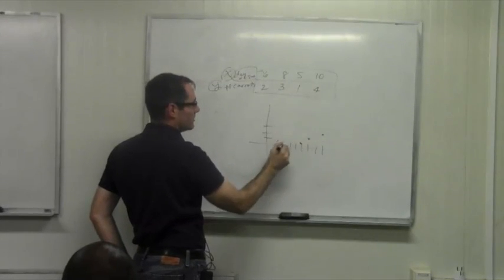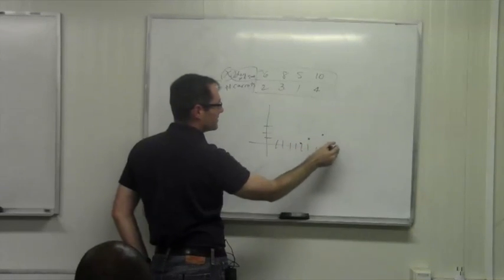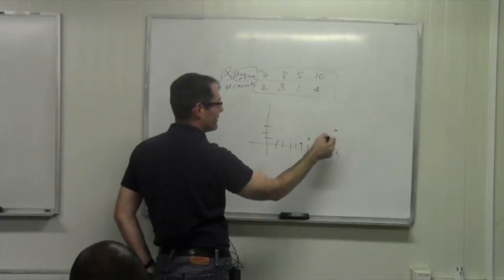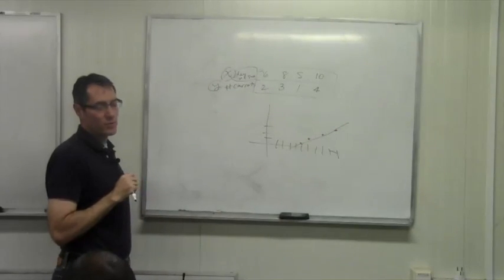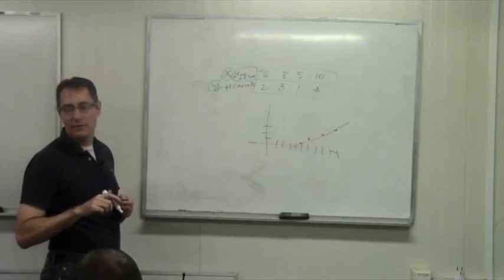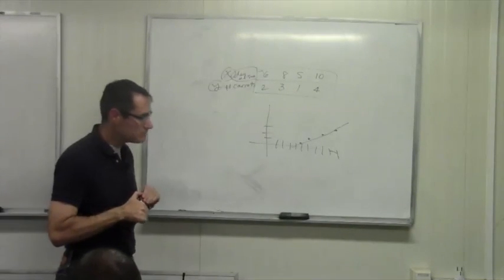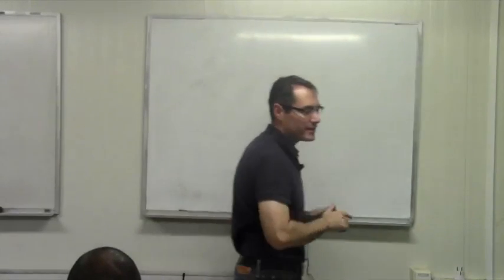Then 10 and 4. And then you're going to say, is that a positive correlation, negative correlation? Well, this one happens to be positive. Good. Those are the big things from the test.